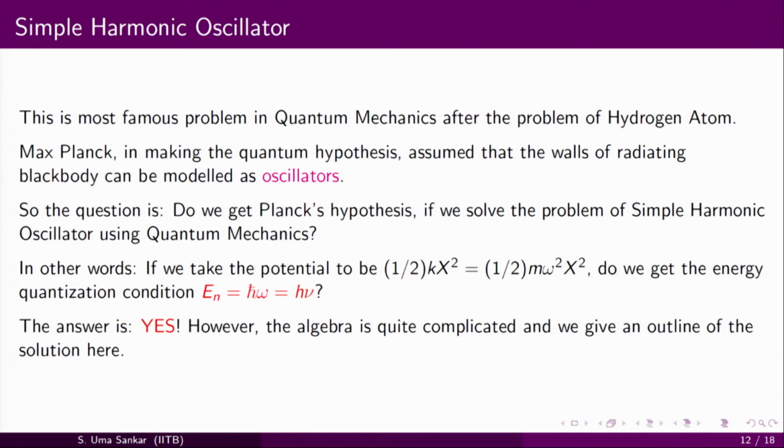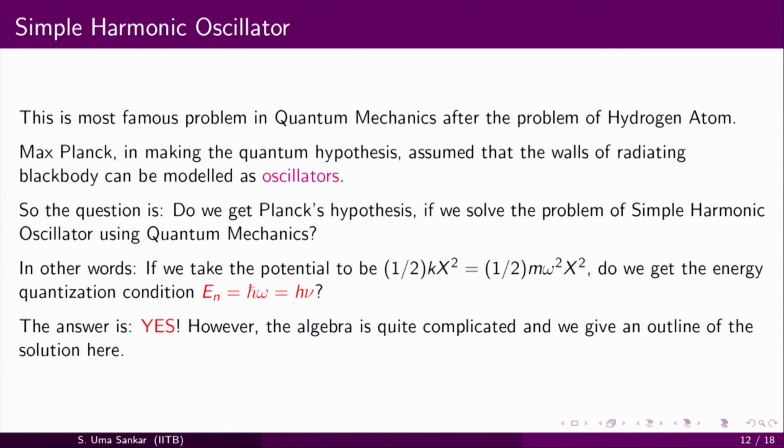Now, let us switch gears a little bit and consider the problem of the simple harmonic oscillator and how to solve it in quantum mechanics. By the way, this problem of the simple harmonic oscillator is the most famous problem in quantum mechanics.